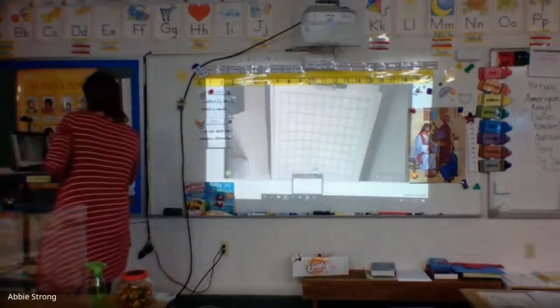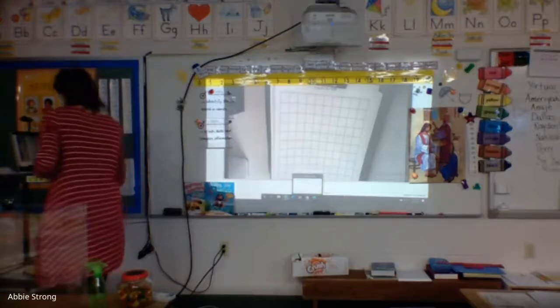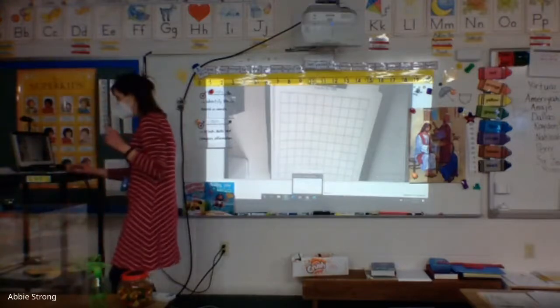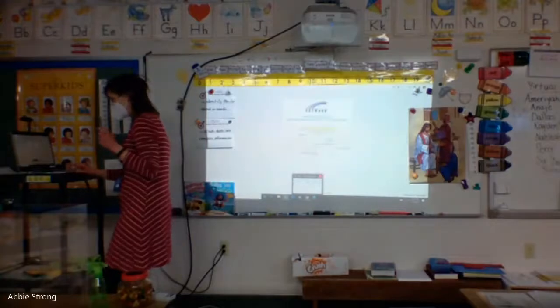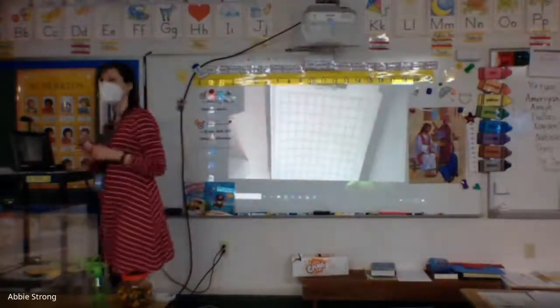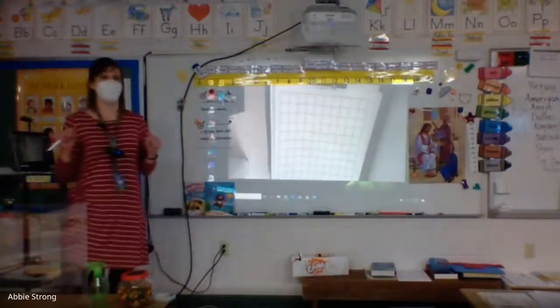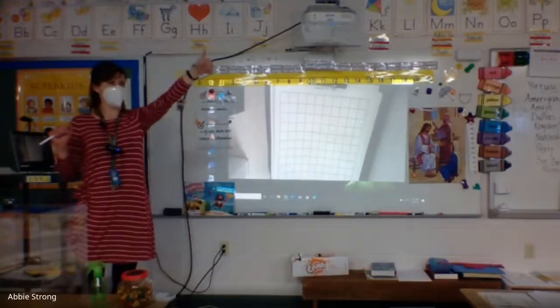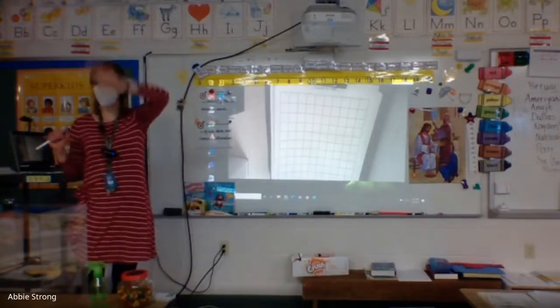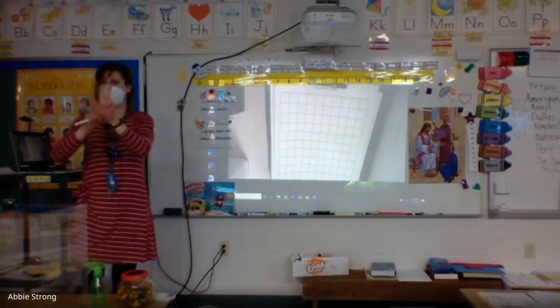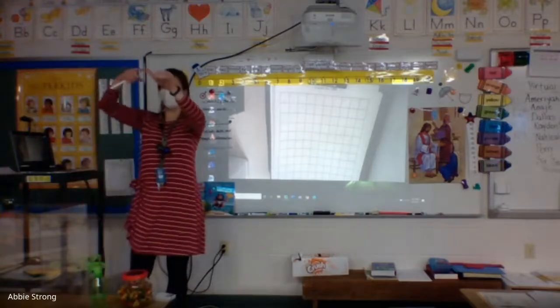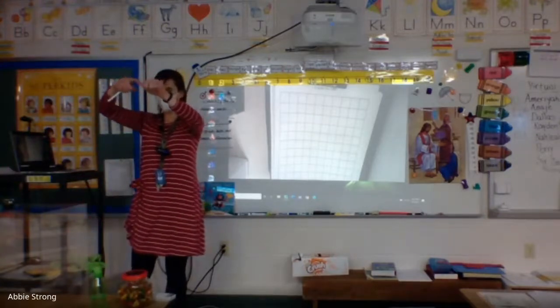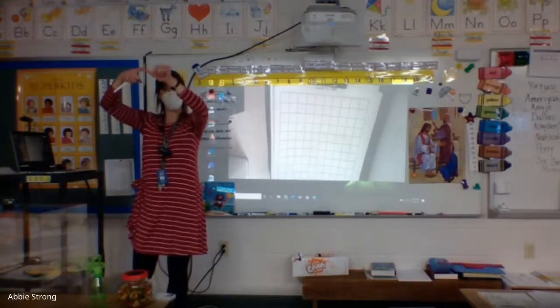Now, what we're going to do is graph the number of people that are in our families. So I want you to think about the people that are in your family. Do you have a mom? Do you have a dad? And you. That would be 3 people. If you're Delilah, you have your sister Delia. Do you have any other brothers or sisters? Who are your other brothers and sisters?